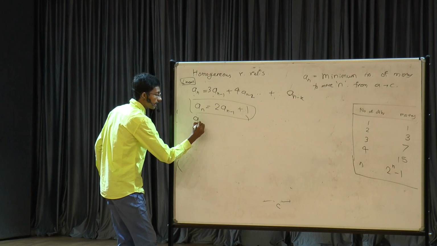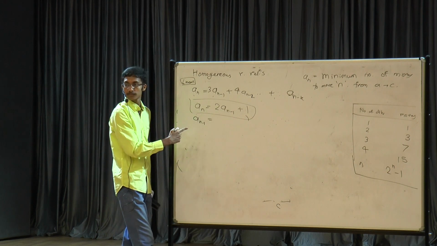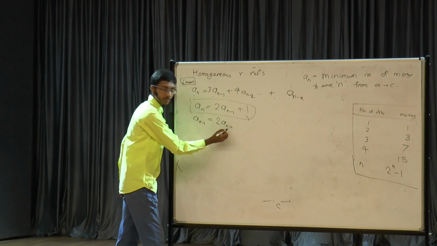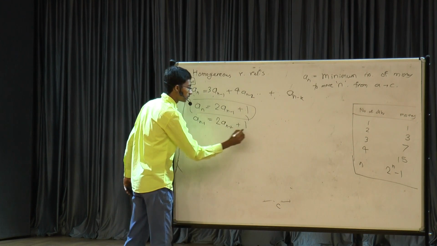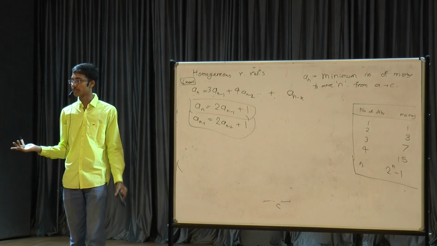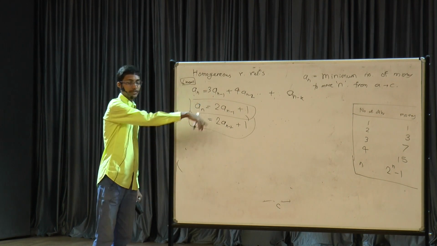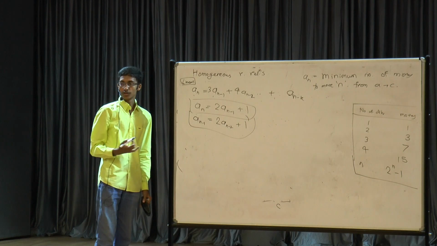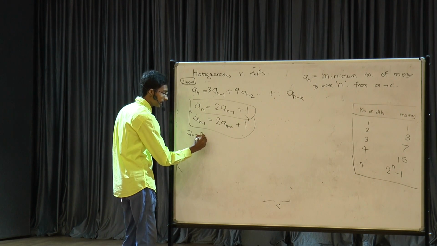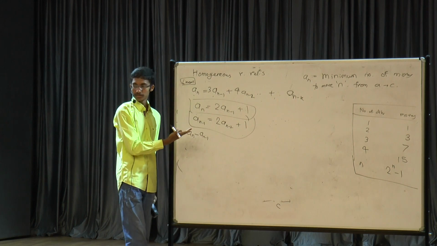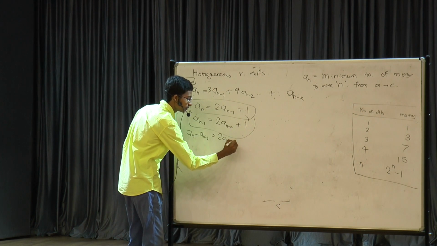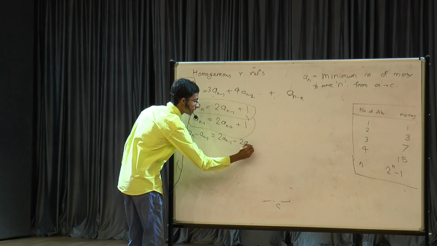Can you tell me what is an minus 1? 2an minus 2 plus 1. Both of these are true, right? Because the whole sequence follows my recurrence relation. If I subtract these, what do I end up with? an minus 1 on the left hand side. And here 2an minus 1 minus 2an minus 2.